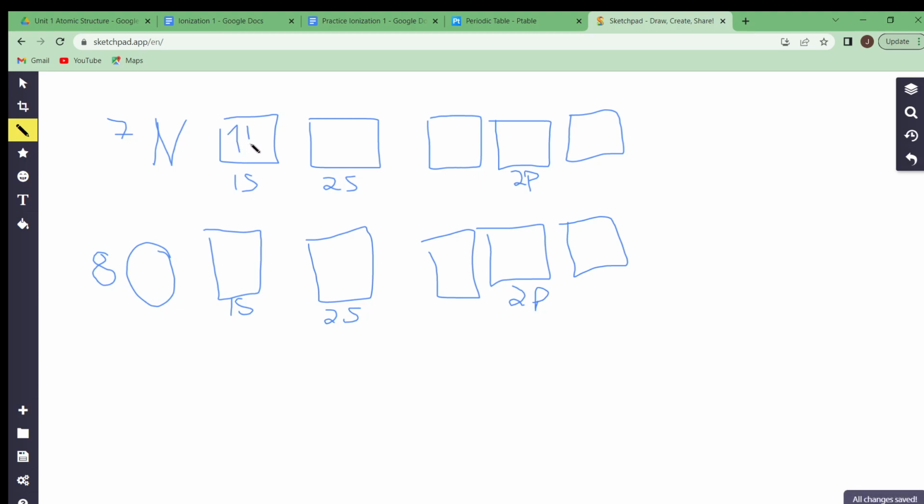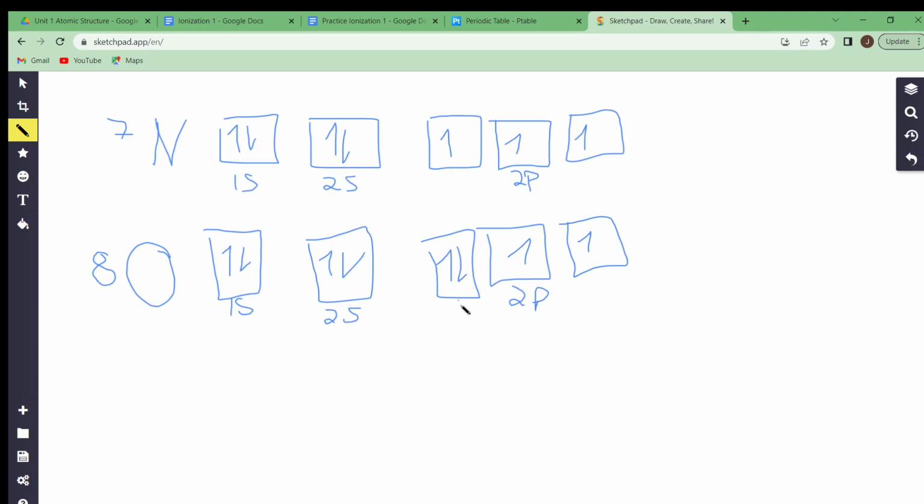Nitrogen and oxygen both start the same way. They have those 1s orbitals filled. They have those 2s orbitals filled. And then they fill up all their p orbitals with 1, and then oxygen has 1 extra one. So if you counted, you'd see that we have 7 right here for nitrogen and we have 8 here for oxygen.